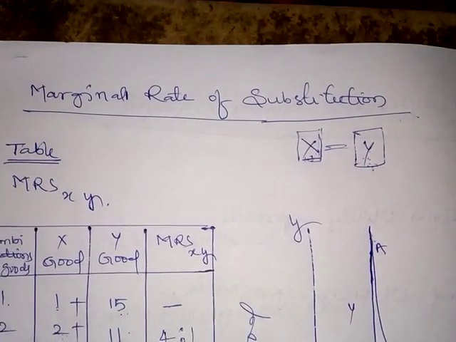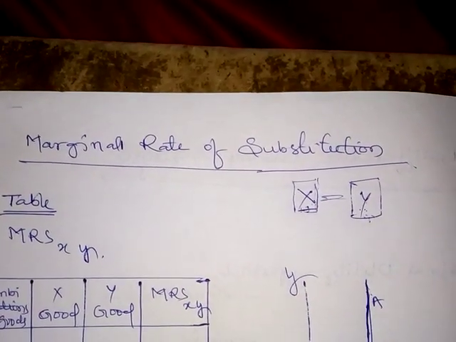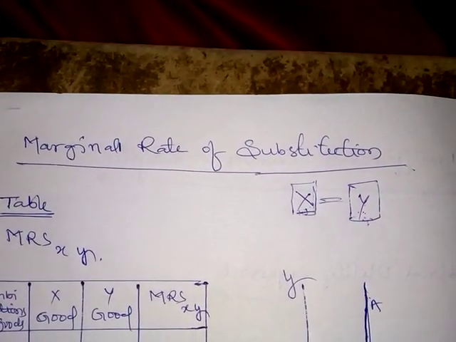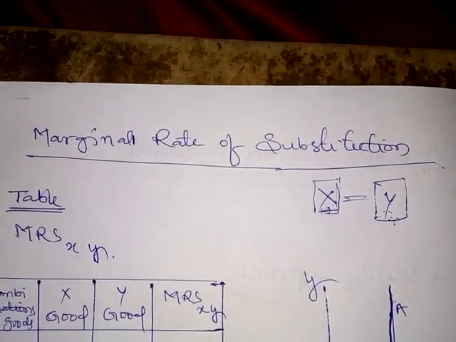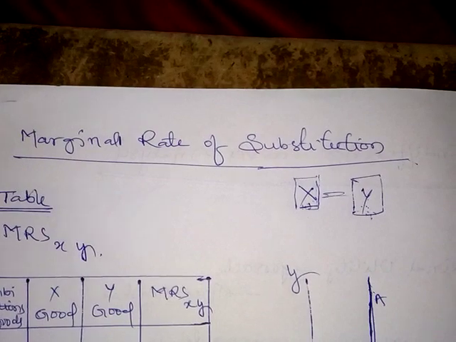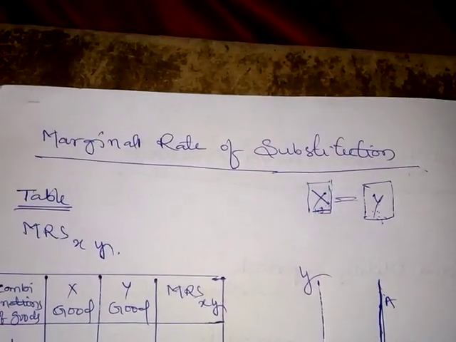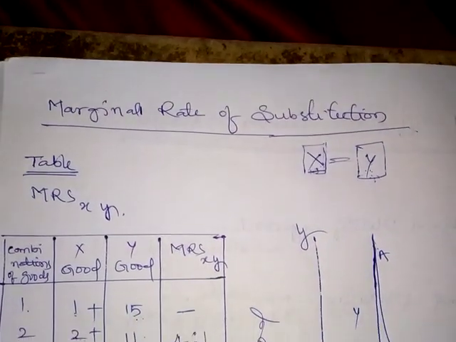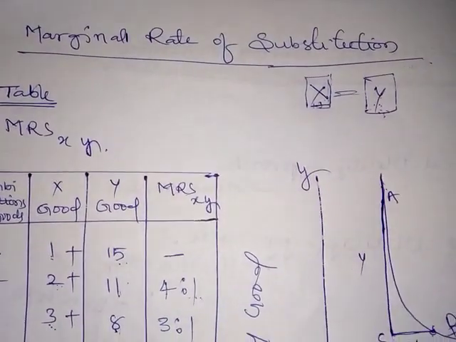Today in this video I am going to explain the marginal rate of substitution, which causes the downward slope of indifference curve. In the last video we discussed the indifference curve. Indifference curve represents the consumer's behavior when he is interested in the consumption of different combinations of the different goods, right?